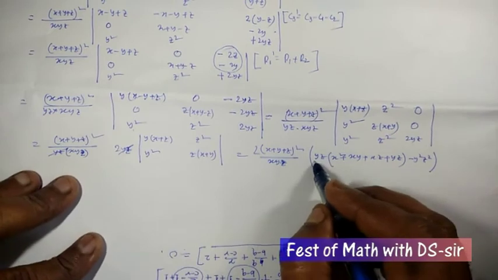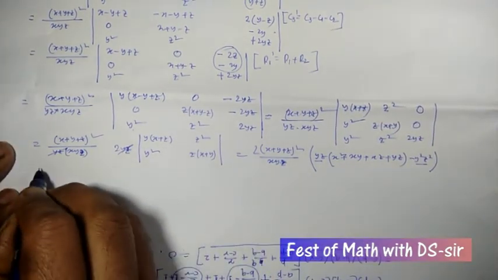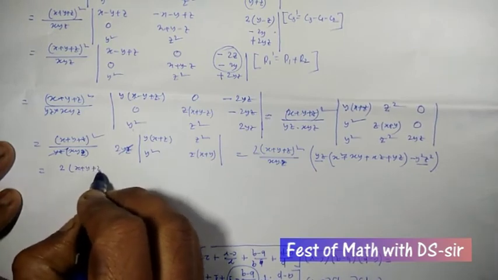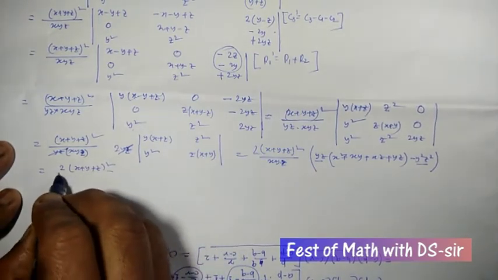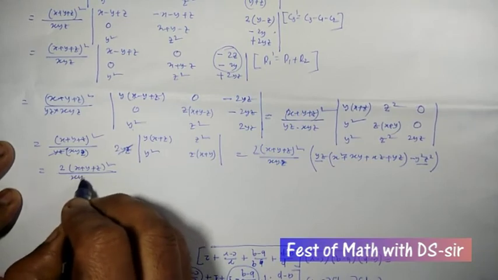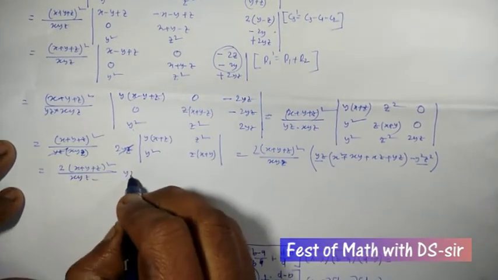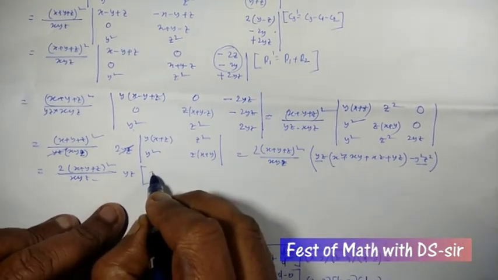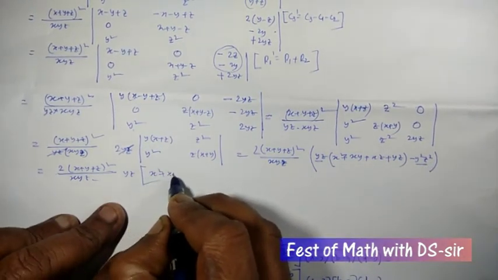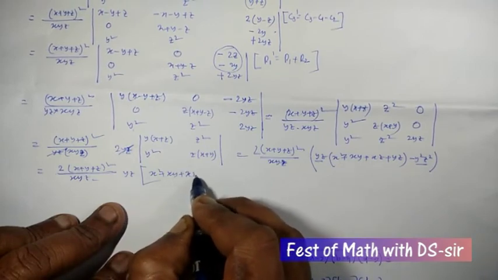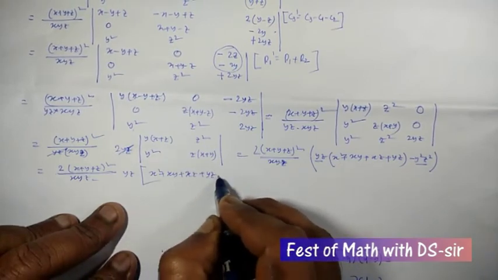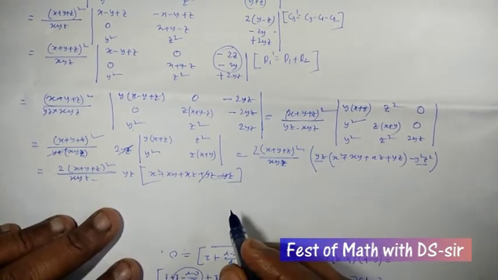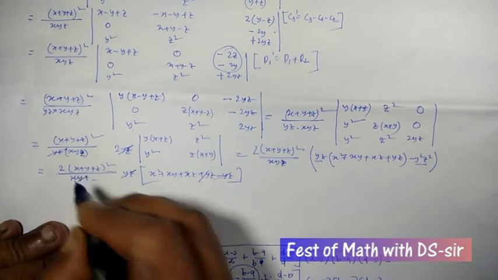Now see, if you take yz common from these two, 2 into (x plus y plus z) whole square by xyz. Take yz common from these two. What we will get? x square plus xy plus xz plus yz minus yz. So yz cancels.